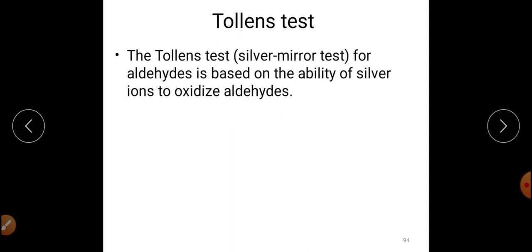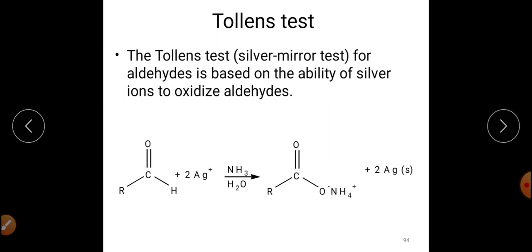First of all, we will discuss Tollens reagent. What is Tollens reagent? This is basically an ammoniacal solution of silver nitrate, and when this Tollens reagent reacts with the aldehyde, it converts the aldehyde into the ammonium salt of carboxylic acid, and silver is deposited. The deposition of this silver is called the silver mirror.